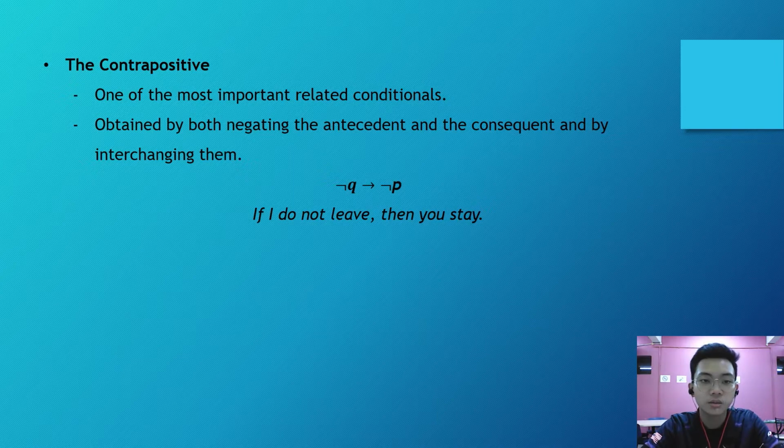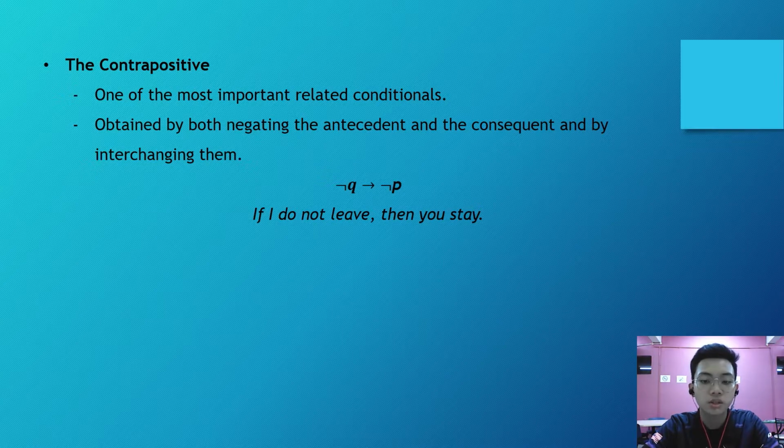Next, we can see the contrapositive. This is one of the most important related conditionals because the contrapositive is based on the converse and inverse. It is obtained by both negating the antecedent and the consequent and interchanging them.